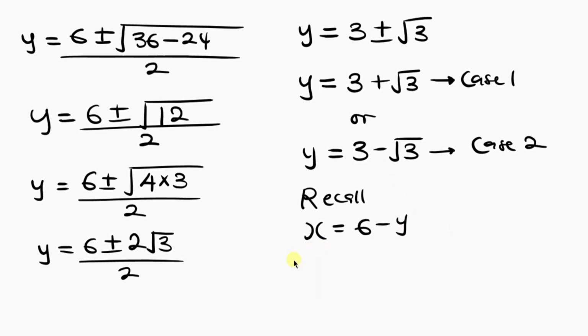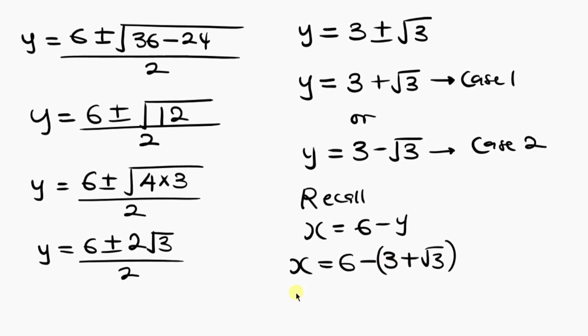Good. So x will be equal to 6 minus y. What is y? For case 1, y is 3 plus square root of 3. So 3 plus square root of 3. Please be careful. Because there is a minus here, I'm going to be putting this one in brackets. This is the value for y. Please always remember, whenever you have a minus, put whatever you want to substitute in a bracket. All right, let's use this negative to open up the bracket.